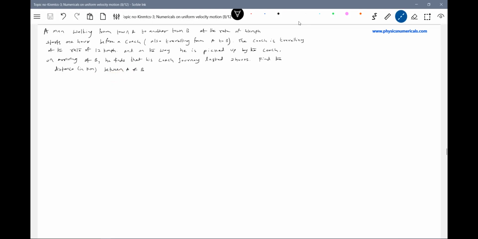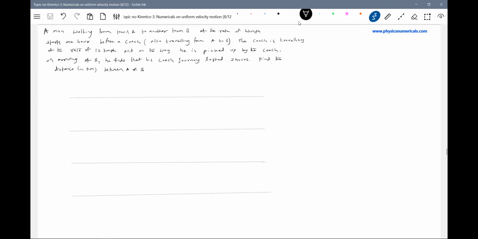I think it's all about the diagram, I feel. This is town A and B. So I'm taking up a diagram to explain.